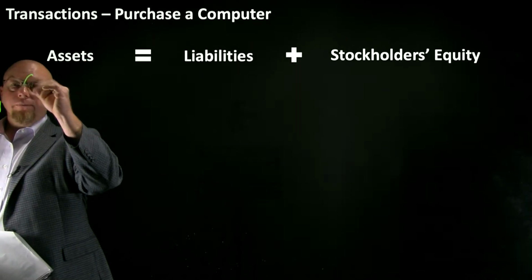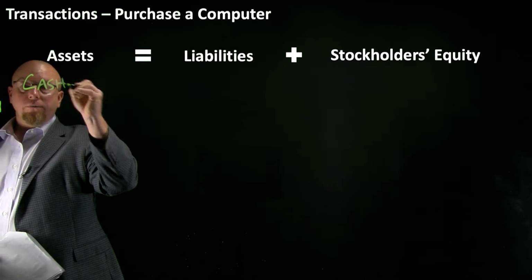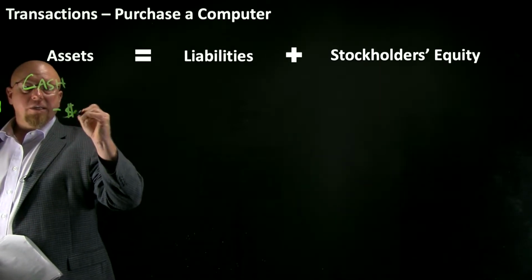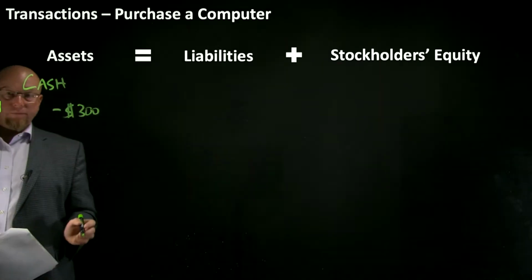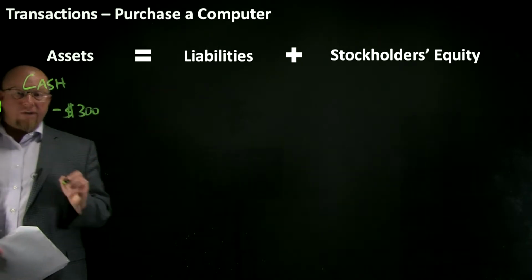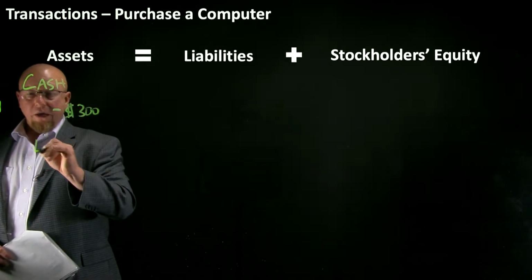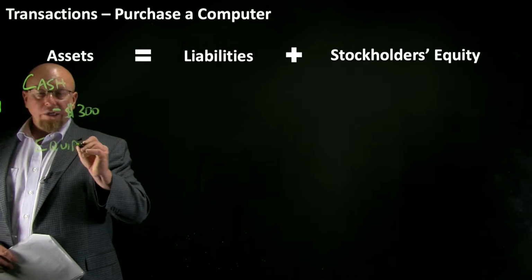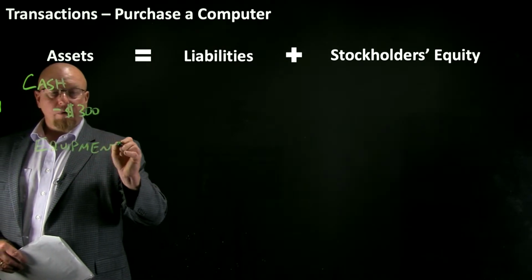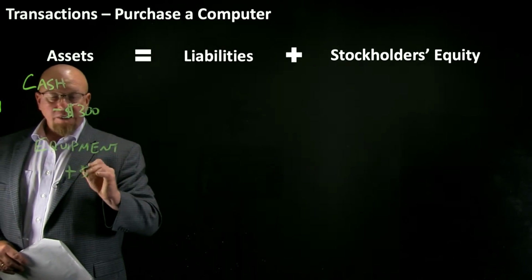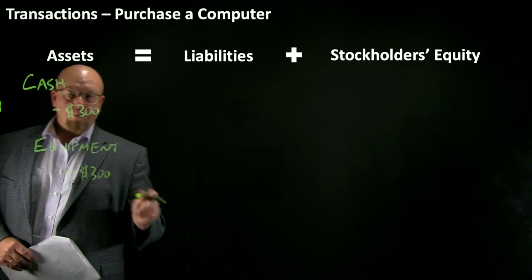We're going to buy a computer, so the cash account is going to decrease by $300. Now, assets still have to equal liabilities plus owner's equity. What's going to happen is we're going to use a long-term asset account called equipment, and that's actually going to increase by $300.